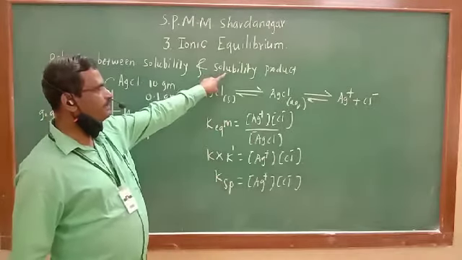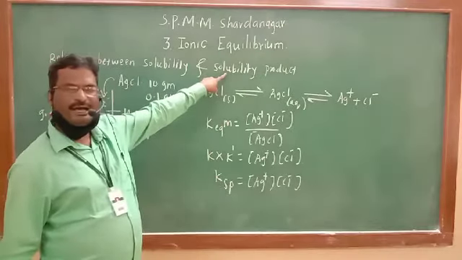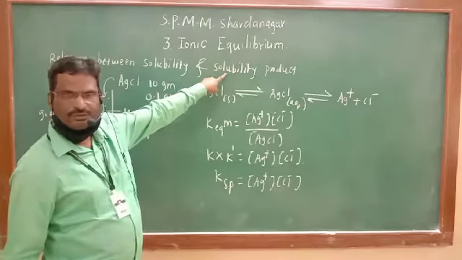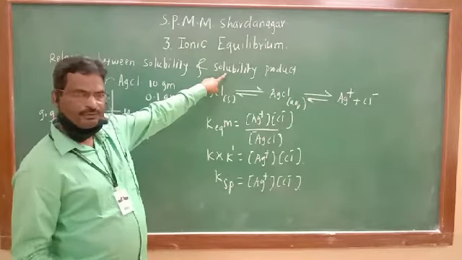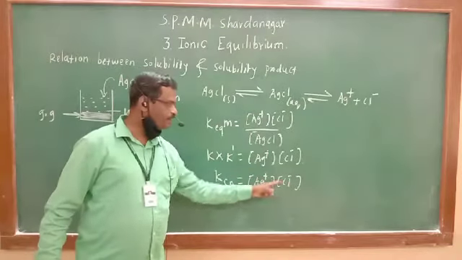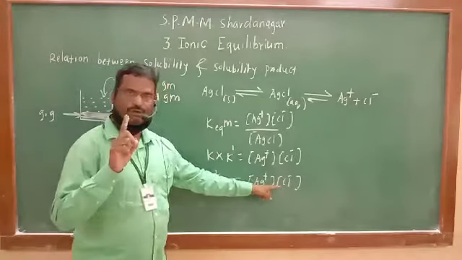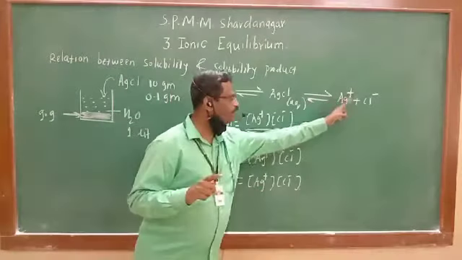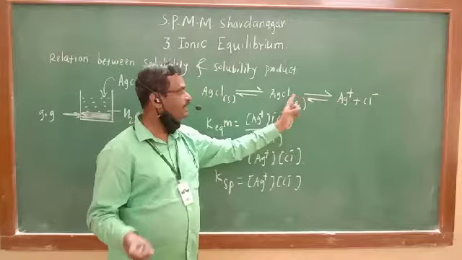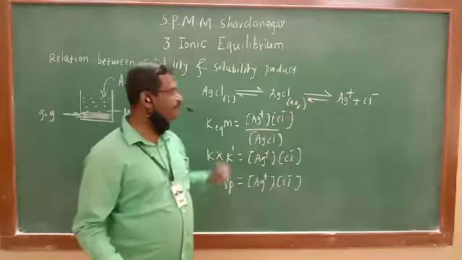Therefore, solubility product is defined as, in a saturated solution, the product of concentrations of ions raised to their power equal to the coefficients or number of moles in the balanced equilibrium reaction.